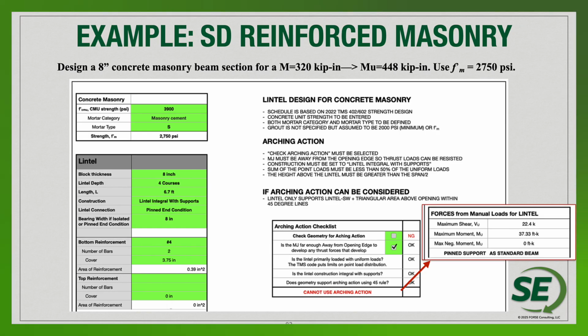We would have a much higher moment that we would have to use. So again, the ultimate moment of 448 kip inches would translate to 37.33 kip feet. Not having arching action would really demand us to design the lintel for all of that moment and all of that force for the overall design.